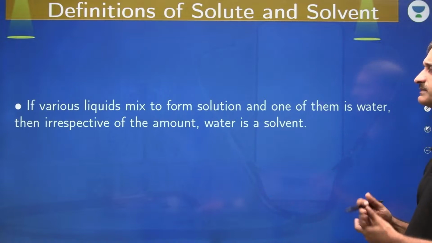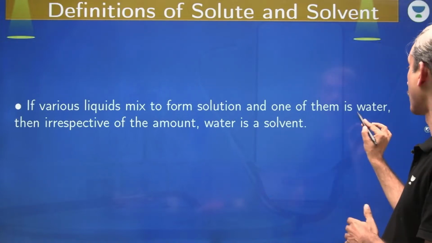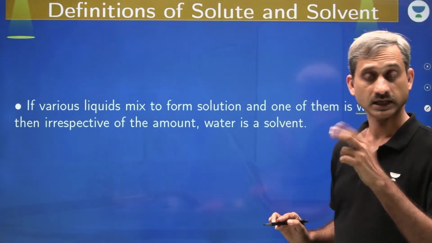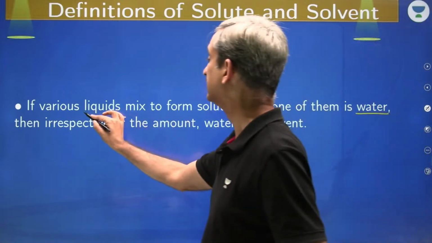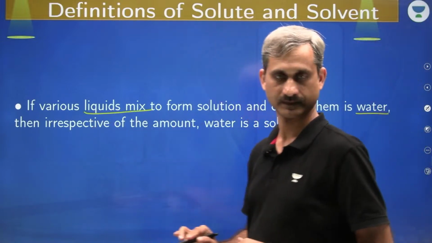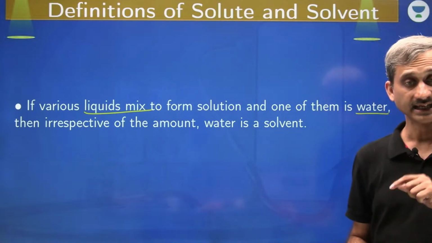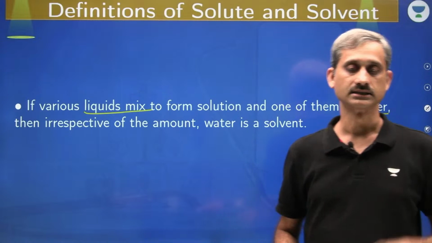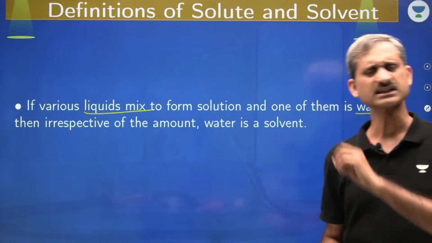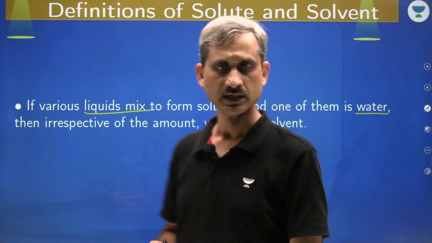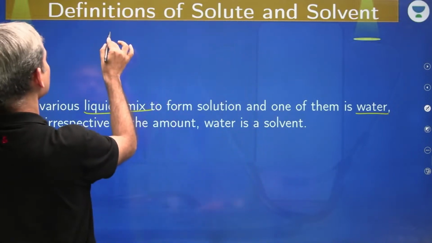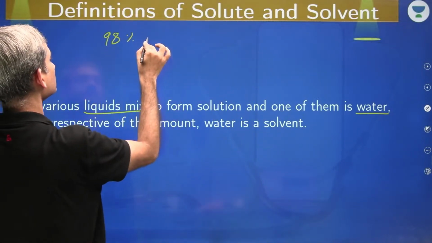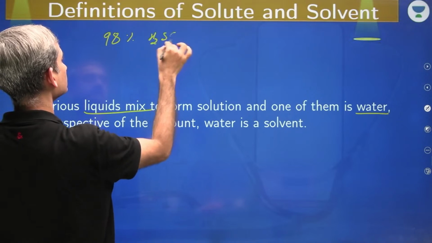If various liquids mix to form a solution and one of them is water, remember, by convention water is considered the solvent even if it is in a minor quantity. You would have heard something like 98% sulfuric acid.